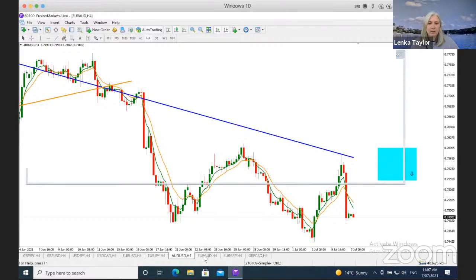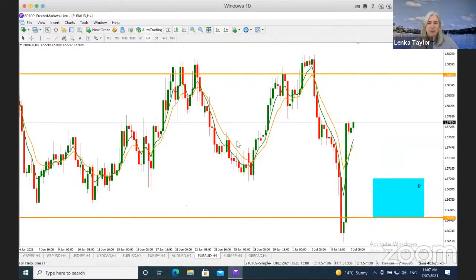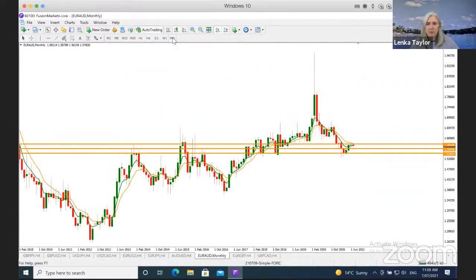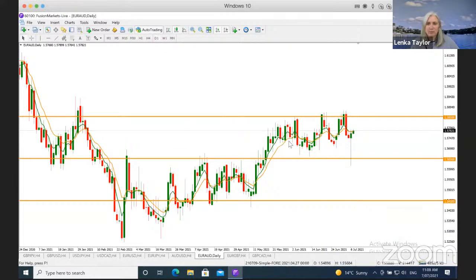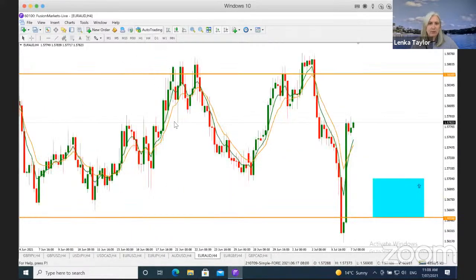The next currency pair I'm looking at is EURAUD. With this pair, it is slightly going up, but very slowly. It seems to be ranging in that area at the moment. So I have not found any good opportunities.